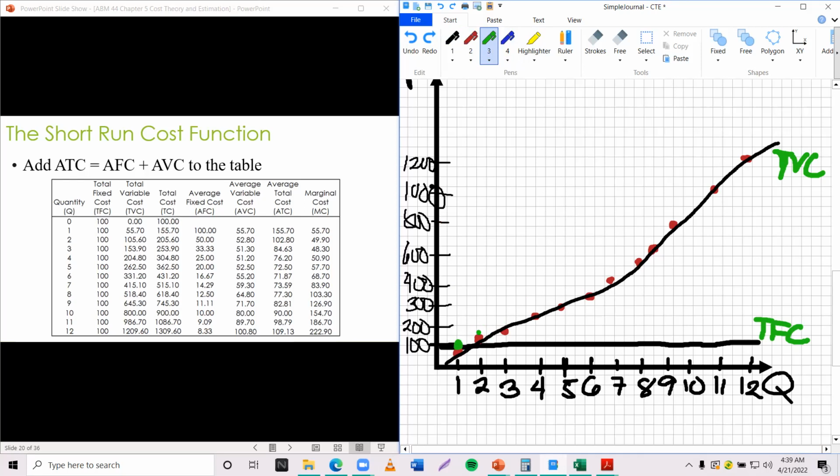Next is 155, same thing. 205, a small increase. 253, 304, 362, 431 at quantity of 6, 515, 618, 745.